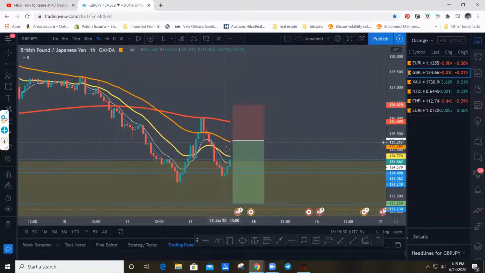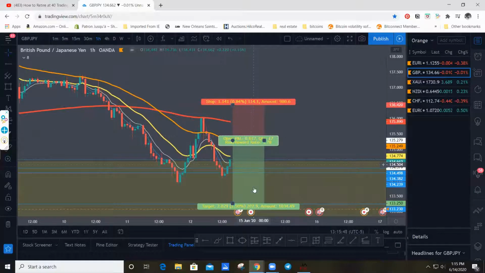I won't wait for price to see what it does before taking it, because based off the moving averages, it's a reversal. Price is going up to test those same areas, and I want to see a rejection here. If it starts rejecting here, I get in. If not, I see what it does right here.